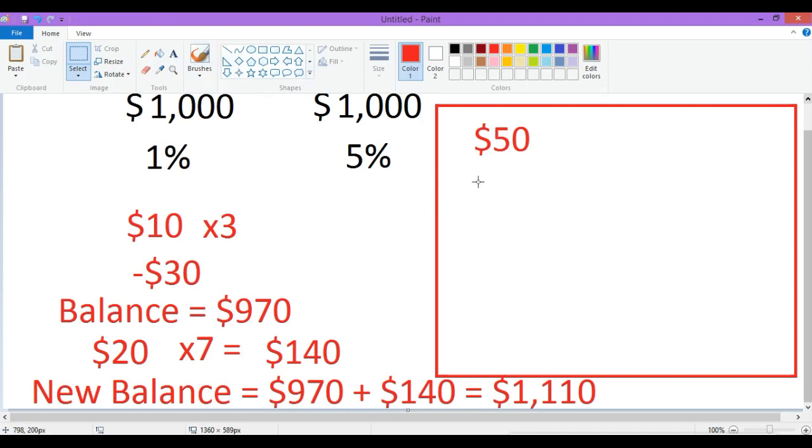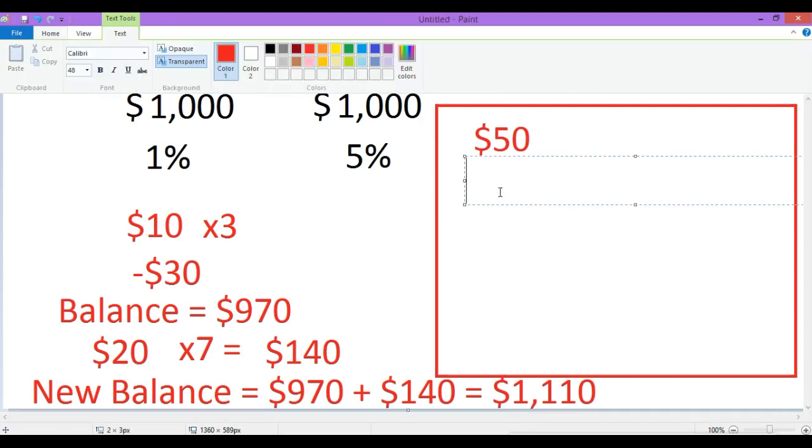So let's assume he lost the first 3 trades. If he loses the first 3 trades, he's going to have minus $50 times 3 trades loss, which is equal to minus $150. Let's assume our first signals made him lose 3 trades, which amounted to $150 because he's risking 5% of his $1,000 account.